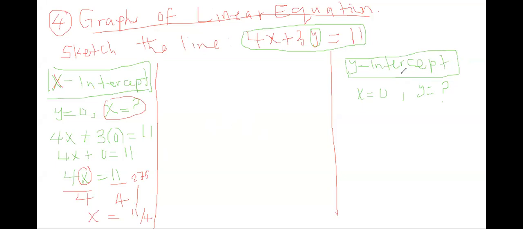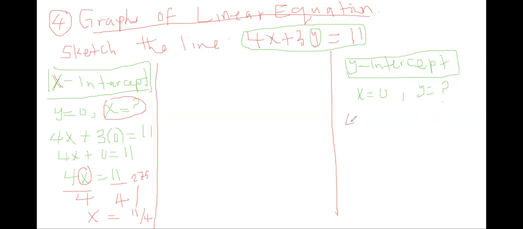So we ask ourselves, if x equals 0, what will be the value of y? This is the point where the line crosses the y-axis, but we will see it with a visualization very soon. Wherever we see x in this linear equation, we substitute it with 0.